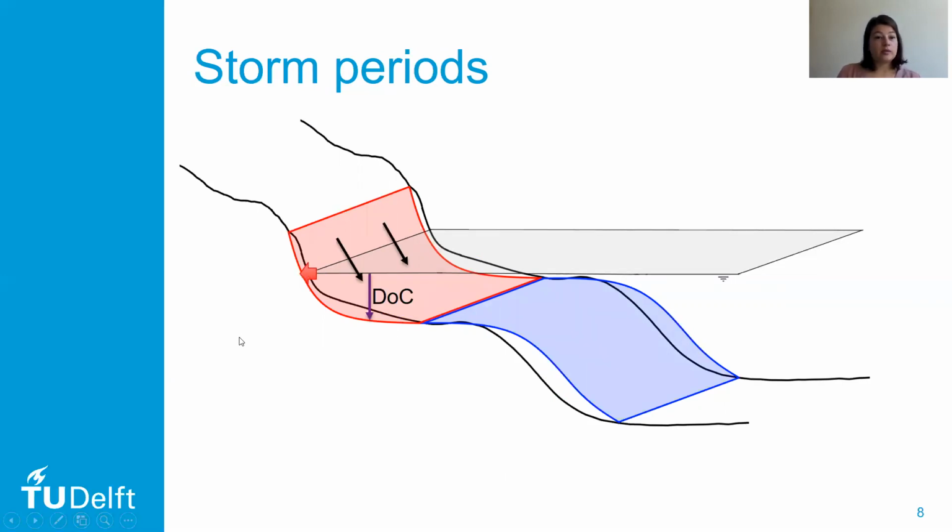And then if we look at the depth of closure during the stormy period, that will be deeper because of the accretion in the calmer period over here. And that's why there is then erosion also of this area, which can go in both directions.